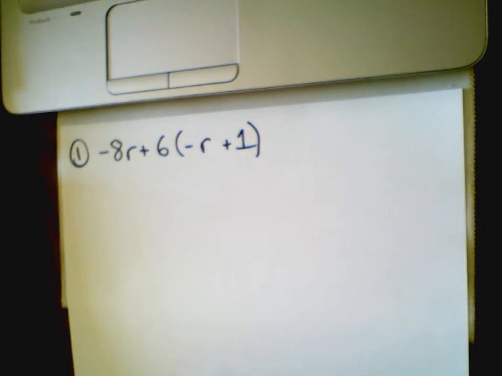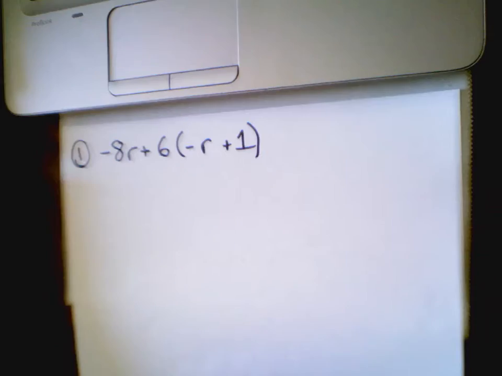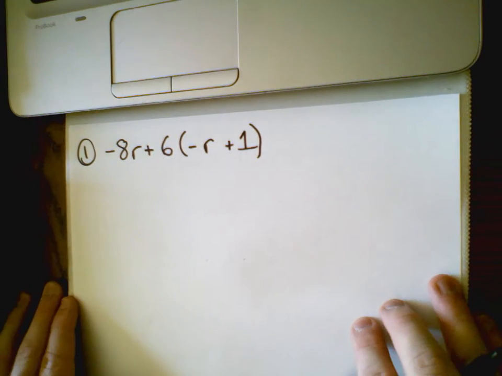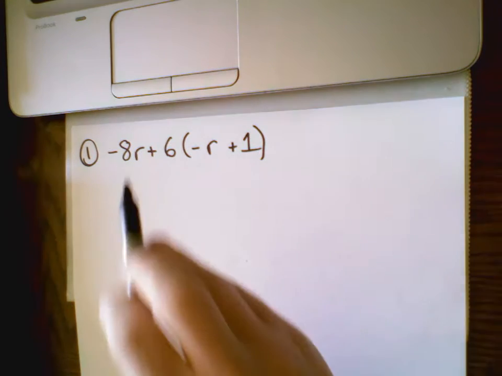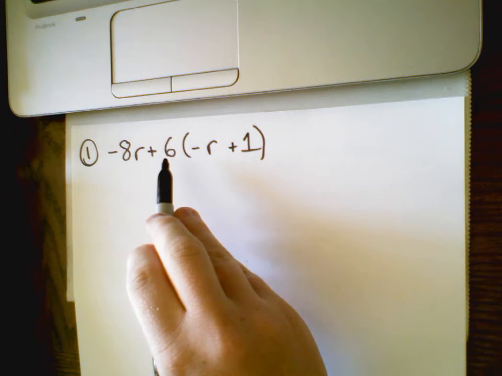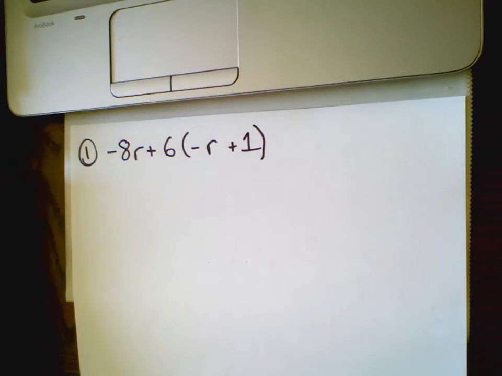This is number 1 under the distributive property review worksheet for week 3 if you want to refer back to your work. First thing I'm going to do is look at my problem and draw my arrows. I'm always drawing my arrows from the number on the left, closest to the parentheses. In this case, that's our 6.